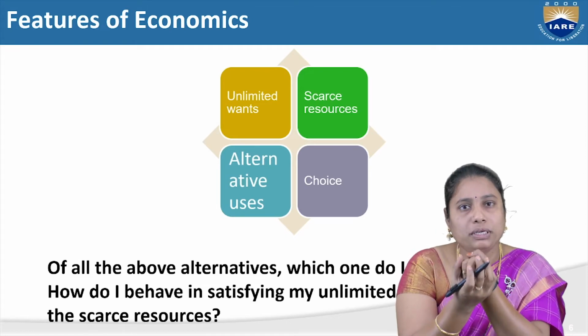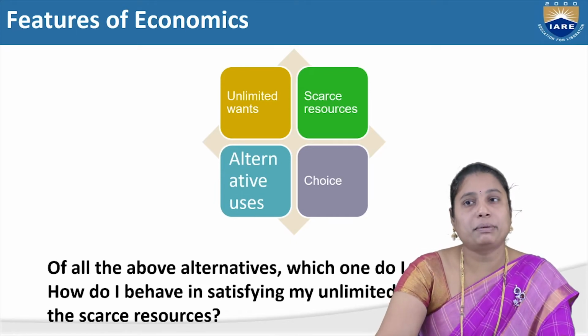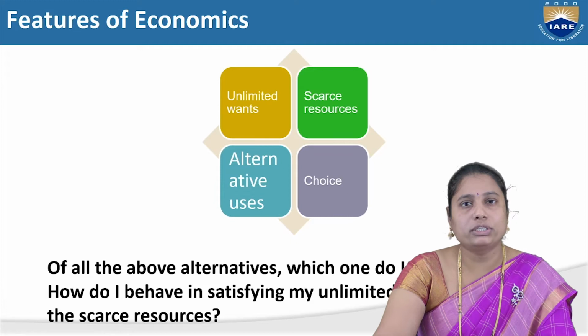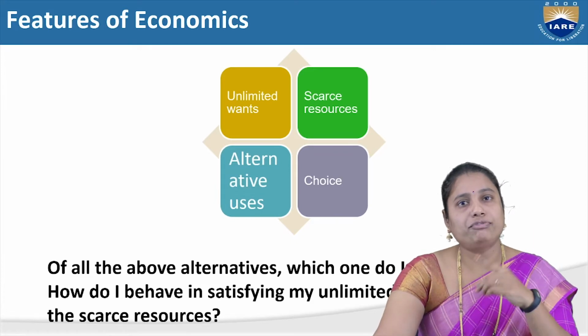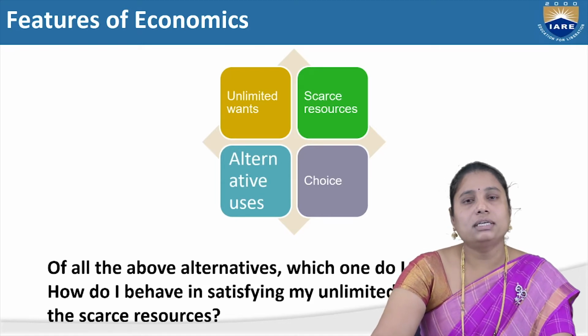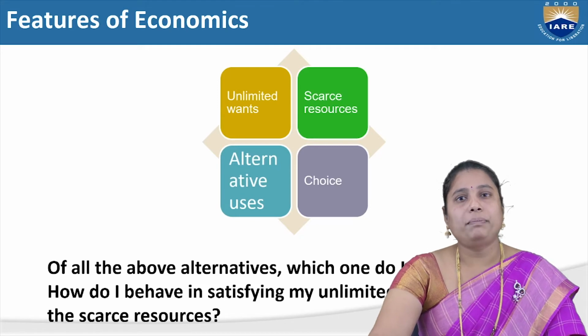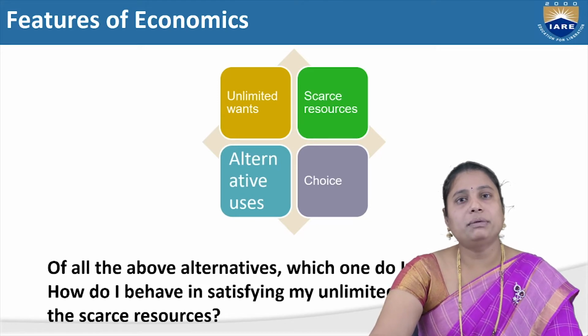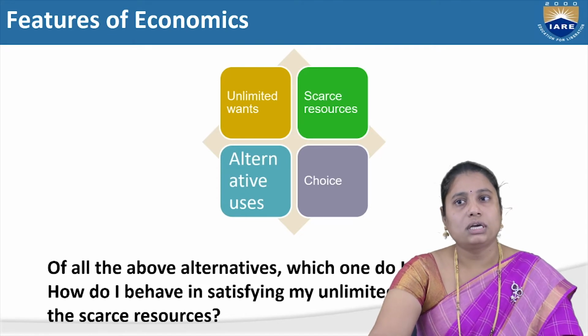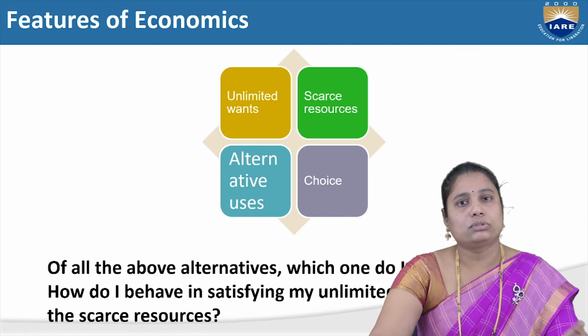That means we have to use them in an effective way, and for multiple purposes. That's why it deals with alternatives. Multiple purposes means it deals with choices. If one product is not available, then that need has to be satisfied with another product, so it has to choose among alternatives. So the features of economics are mainly satisfying unlimited wants with limited resources, and choosing the best alternatives among the scarce resources.